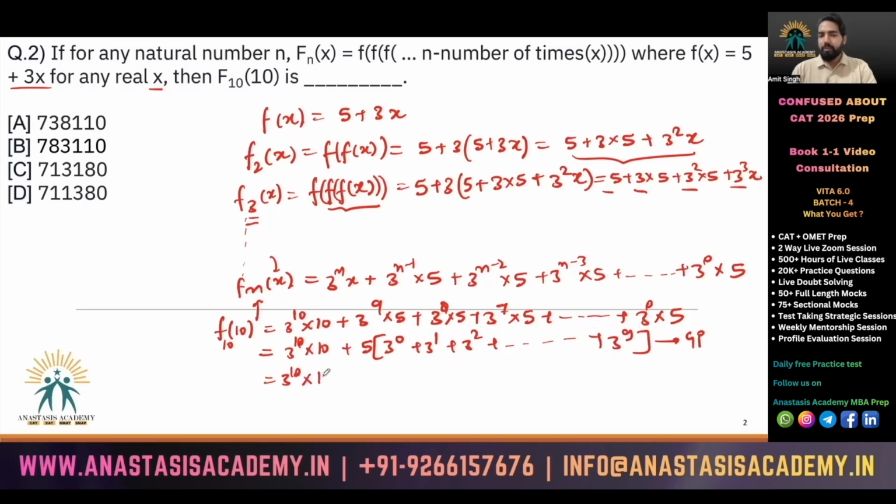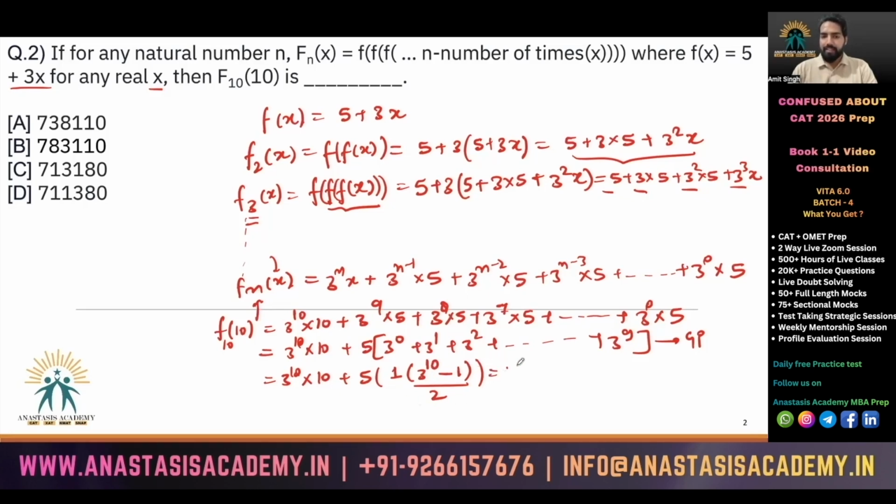And how do we find the sum of a geometric progression? It would be equal to 5 into a times r^n minus 1 upon r minus 1, where a means first term, that is 1, r is the common ratio, that is 3, and the number of terms is 10 because it is starting from 0 and goes till 9, so r^n is 3 raised to the power 10, and r minus 1 is 3 minus 1, that is equal to 2. So we have this sum.